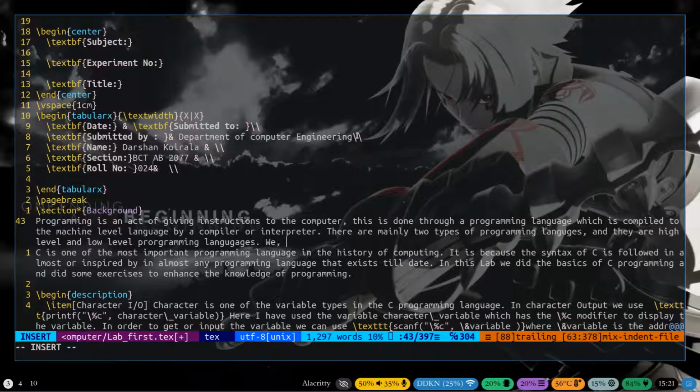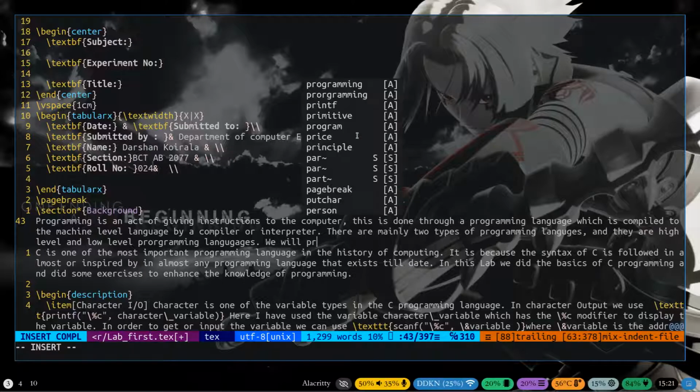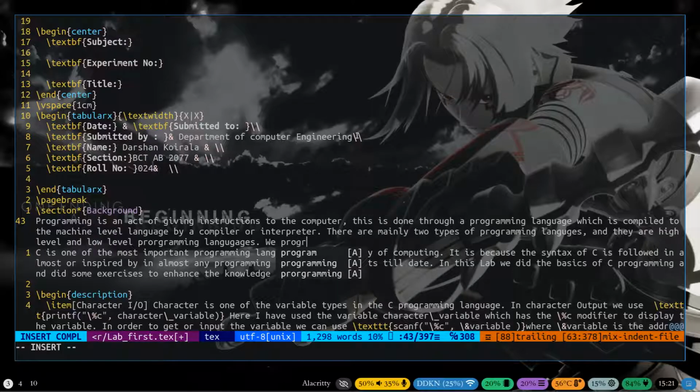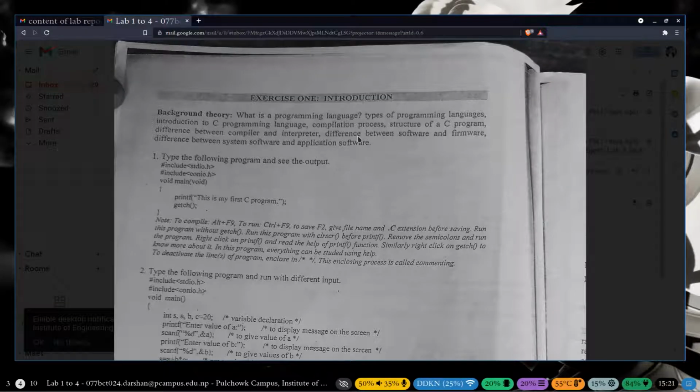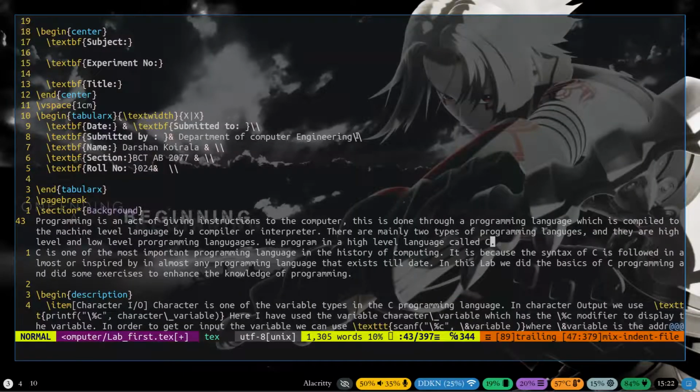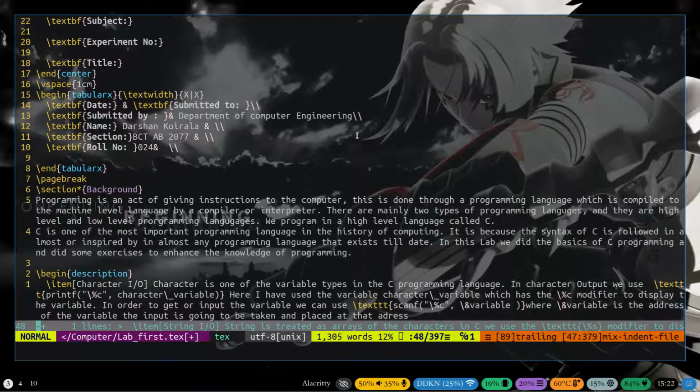We program in a high level language called C. Okay, so that's it. The compilation process, structure of a C program, difference between compiler and interpreter, difference between software and firmware, everything I have to write. So basically that is the thing.